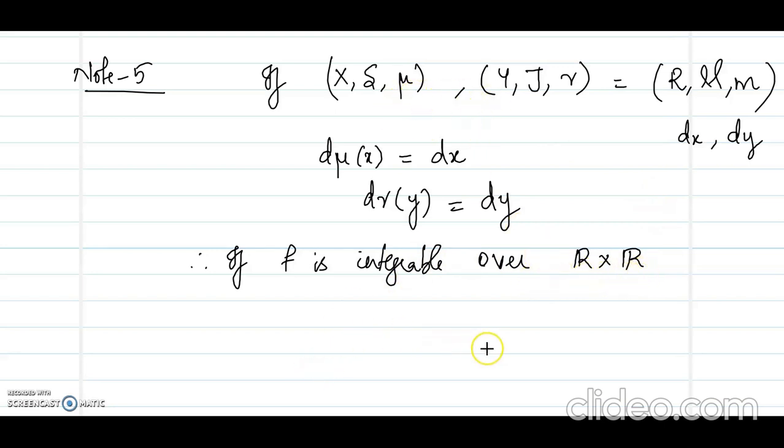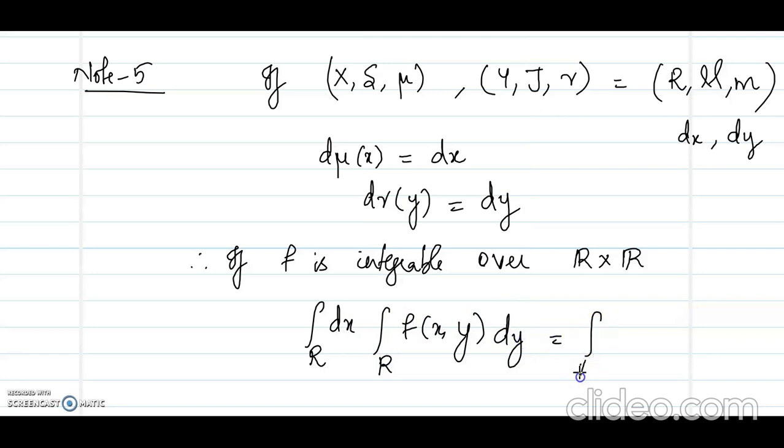So if f is integrable over r cross r, then integral over r dx, integral over r f of xy dy, will be equal to integral over r dy, integral over r f of xy dx. So on the real line Fubini's theorem can be rewritten this way.